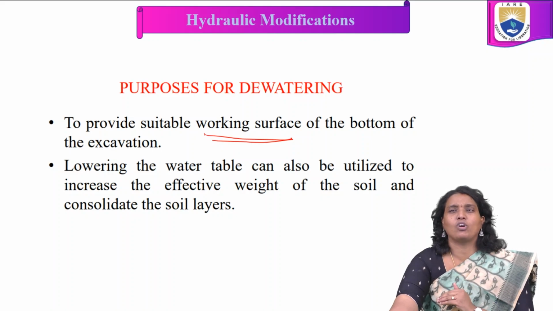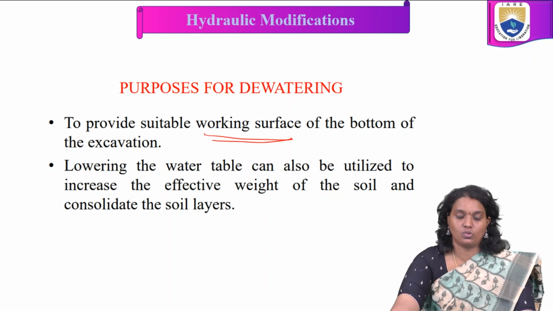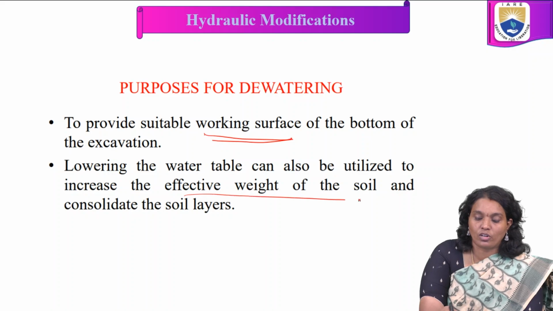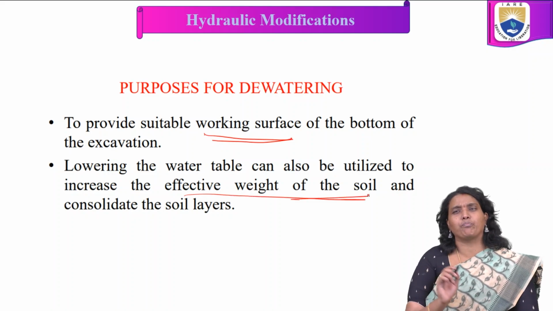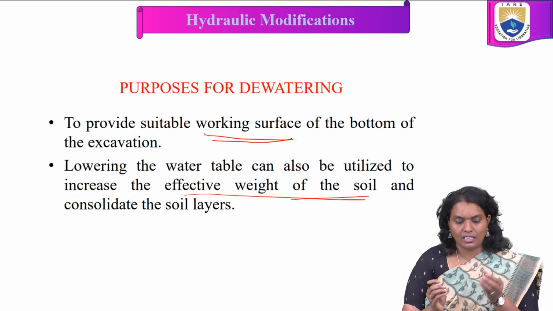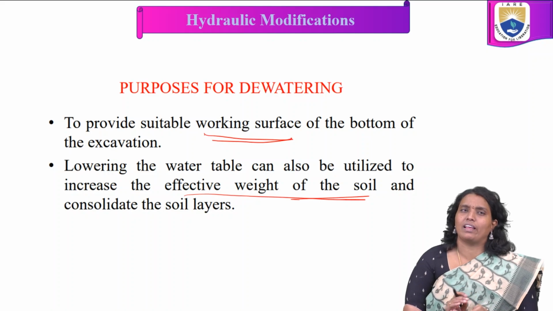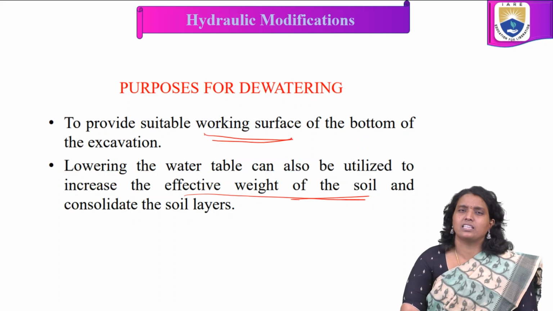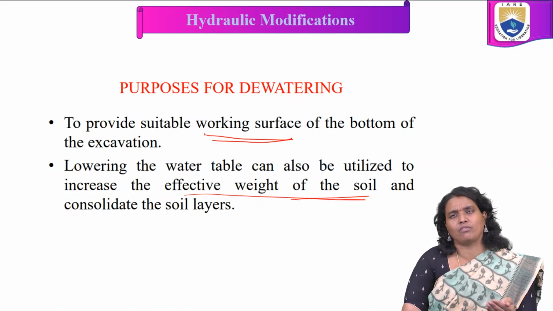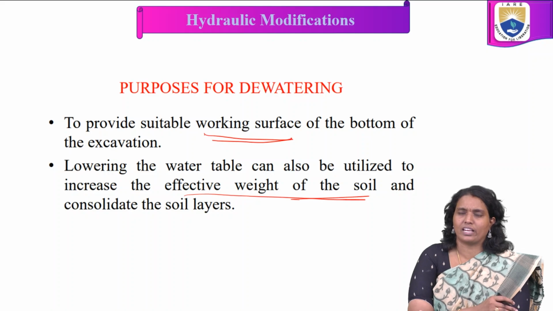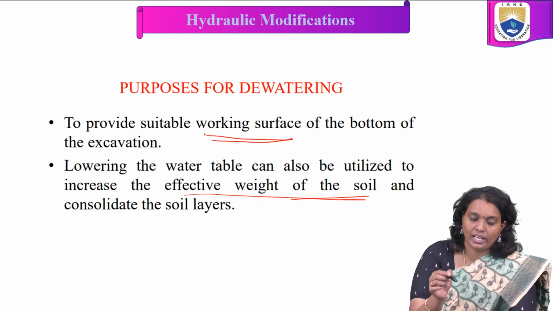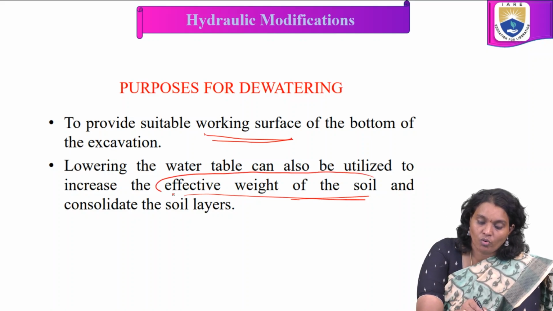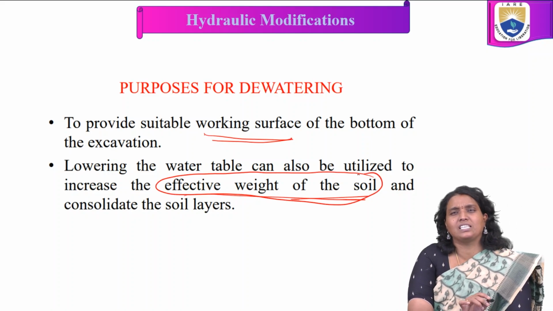Lowering the water table can also be utilized to increase the effective weight of the soil. One more important thing is that whenever the water table is near and we are doing construction works for foundations, drainage works, irrigation purposes, dams, or other structures, the effective weight of the soil also plays a role.